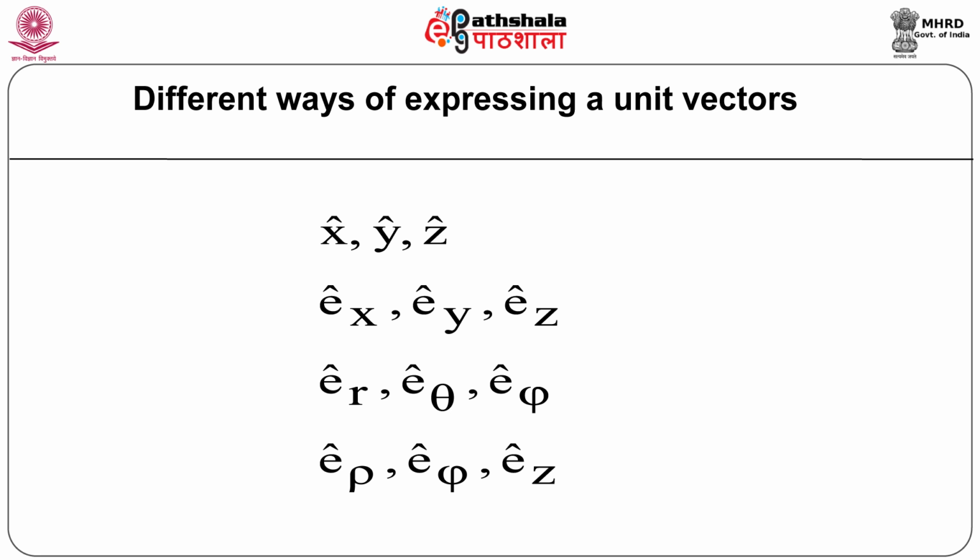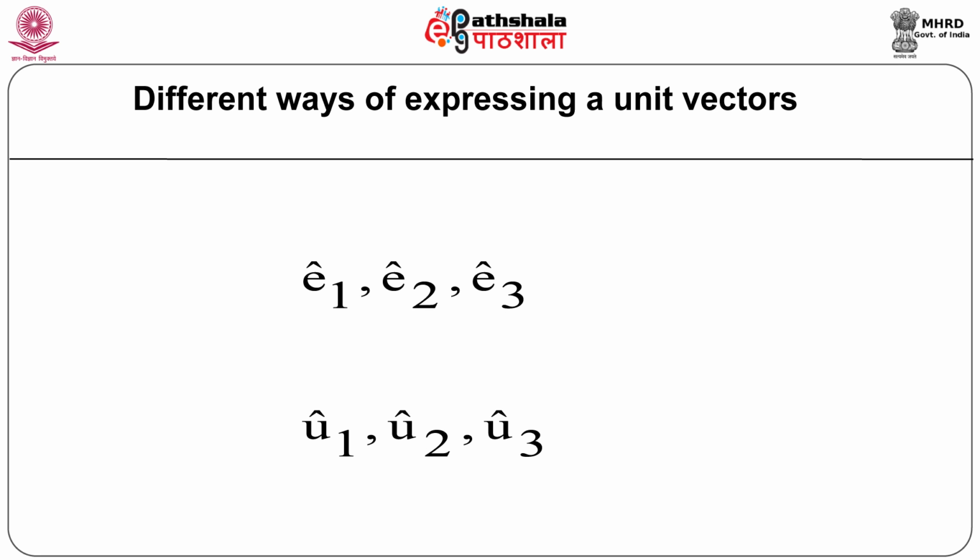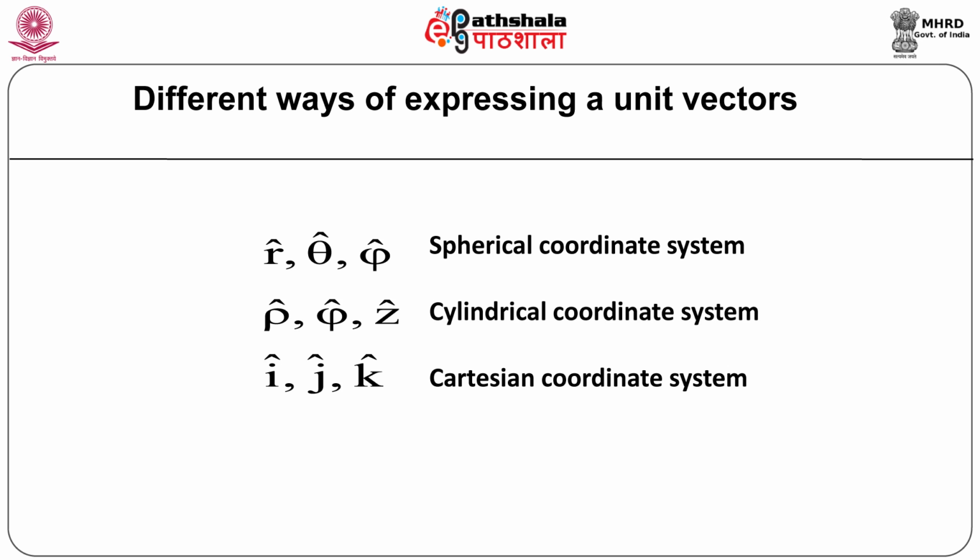Let us have a look at it. For present discussion, let us adopt the symbols for unit vectors in different coordinate systems as shown. Let us see how the unit vectors along the corresponding coordinate axes in different coordinate systems are represented diagrammatically.